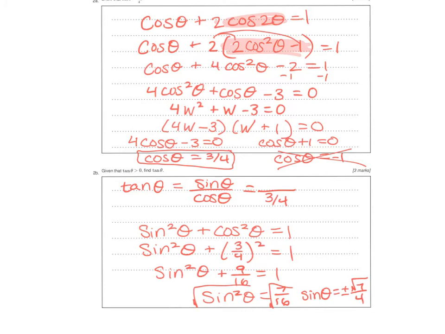So we can go ahead and plug in square root of 7 over 4, and now we can find tangent of theta. But remember, dividing by a fraction is the same as multiplying by the reciprocal. And so these 4's cancel out, and we just get square root of 7 over 3 as our final answer.